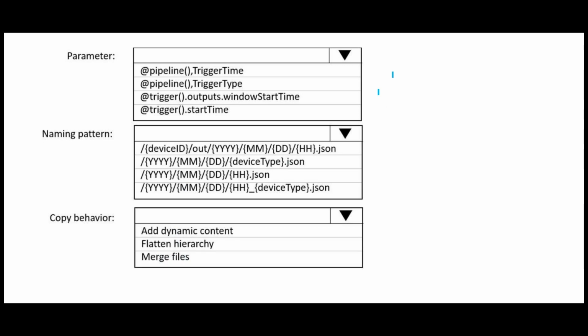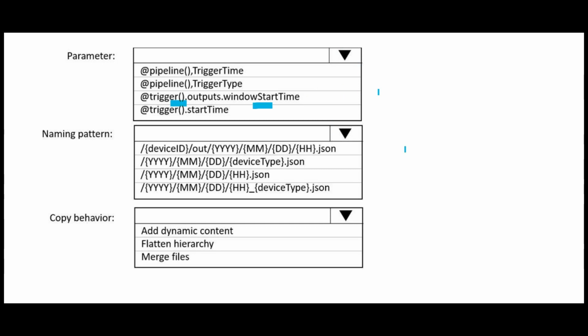So what should you use as a parameter here? Will you use pipeline trigger time, or will you use trigger outputs window start time? This is something where you will have to use window start time.